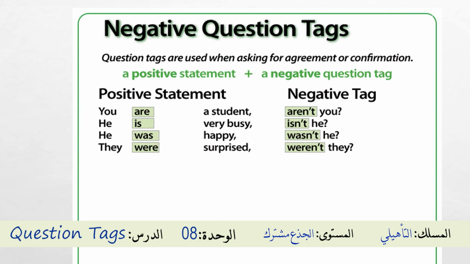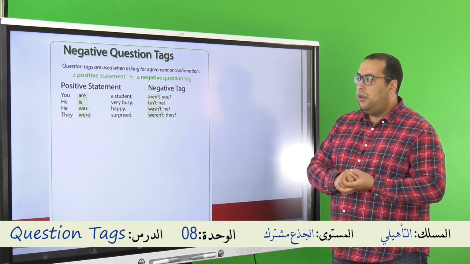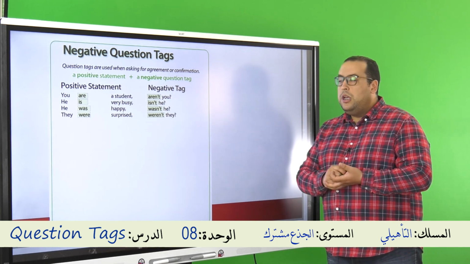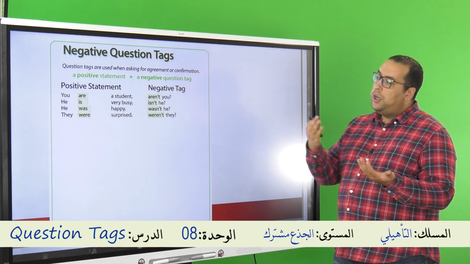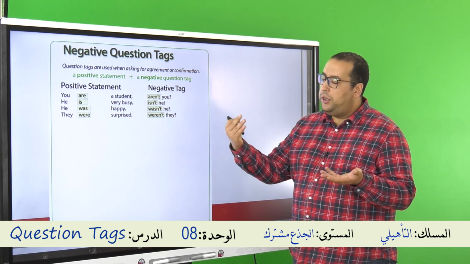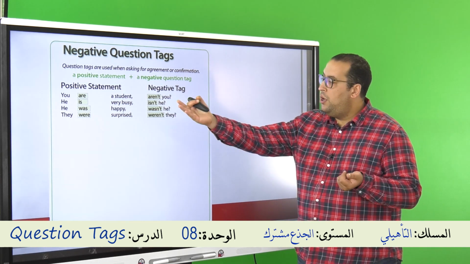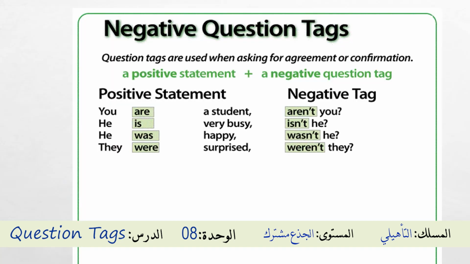So you are a student, aren't you? He is very busy, isn't he? So, if you are talking to the person, using the personal pronoun you, you finish with you. If you are talking about the person he, you should finish with he, and so on.